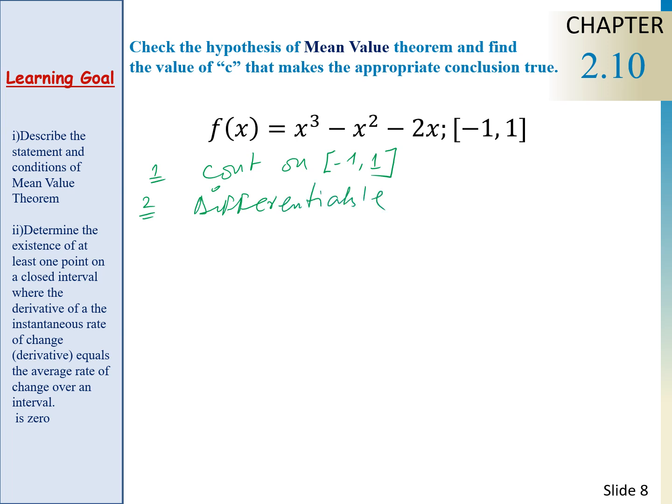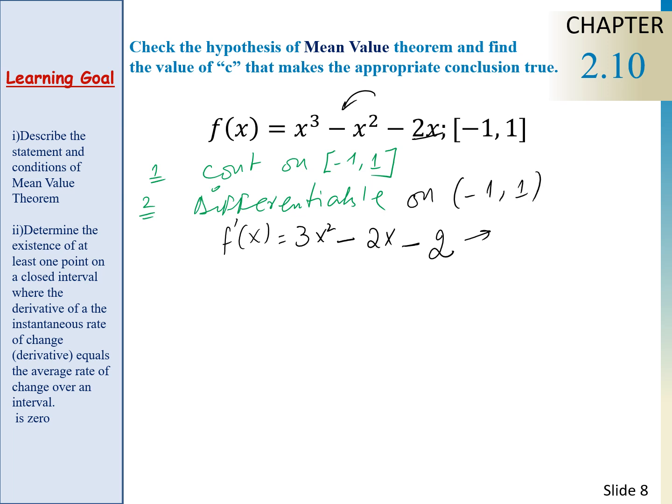What is the derivative of this function? F prime x. The derivative of x cube is 3x square, minus the derivative of x square, 2x, minus the derivative of 2x, which is 2. It's also a polynomial function, continuous everywhere. You will say differentiable in the open interval -1 and 1.